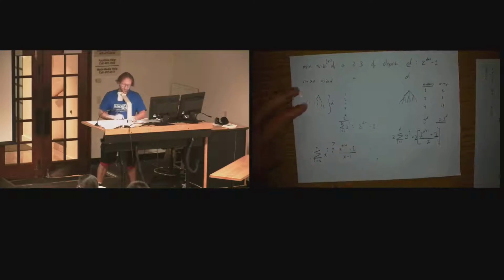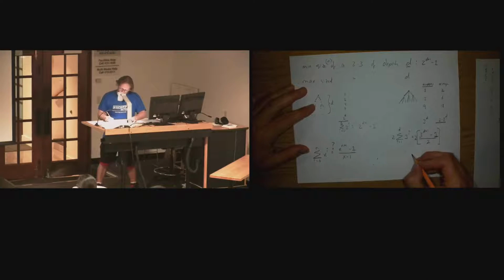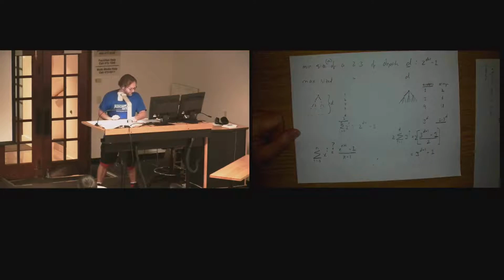Question mark here. Does anybody remember their geometric series identities? All right. Well, that's why I'm going to put a question mark there. I think that that's what it is. But in any case, it does simplify here. These 2's cancel out. So you've got 3 to the d plus 1 minus 1. Right? And I am pretty sure about that.